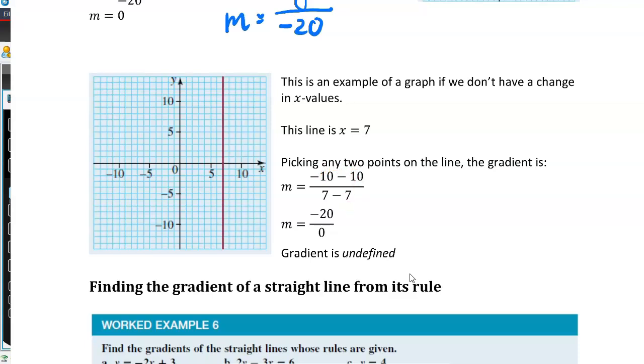Subbing them into the rise over run, I've got -10 minus 10 over 7 minus 7. So I've got -20 over 0. Now, as you know, if you divide anything by 0, the answer isn't 0, it's actually undefined. We don't have a numerical value for it. So if you have a vertical line, the gradient is undefined.